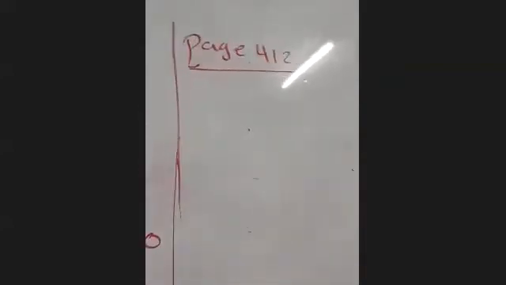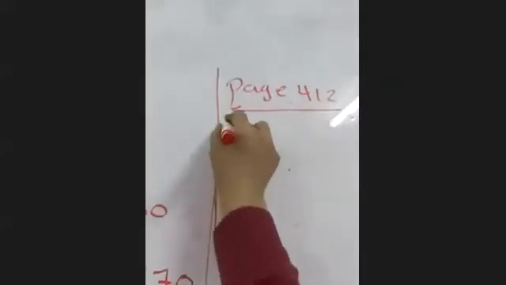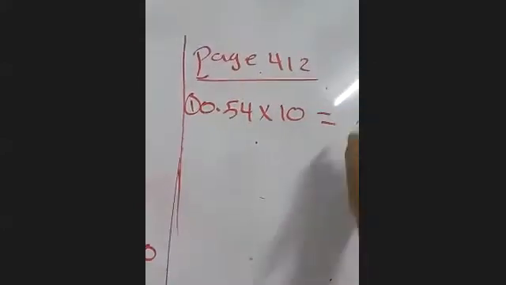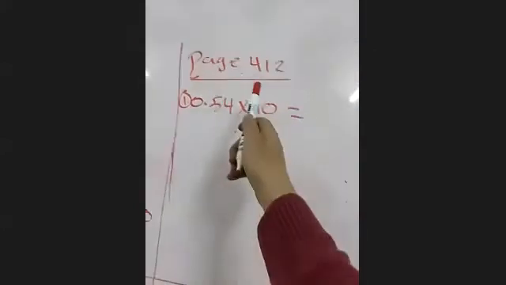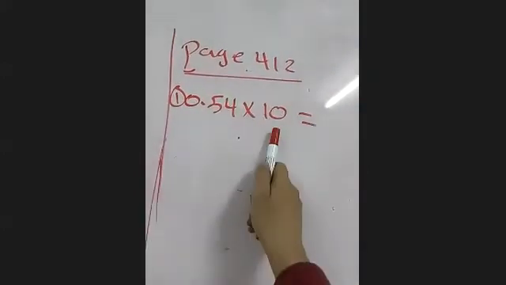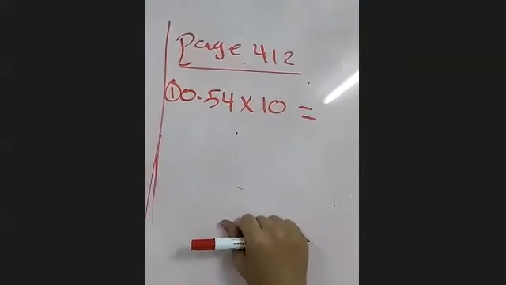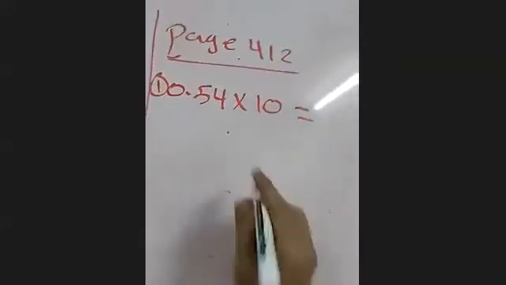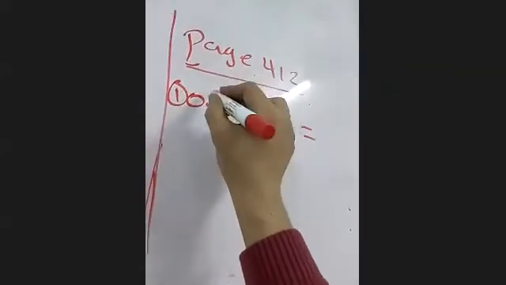Multiply. Question 1: 0.54 multiply 10. Now the 10 has a power here? No. So how many zeros? 1. So what will we do? We will push the decimal after 1 digit.